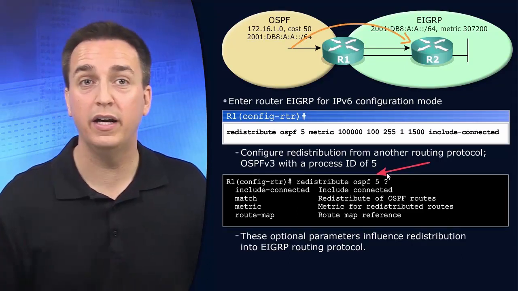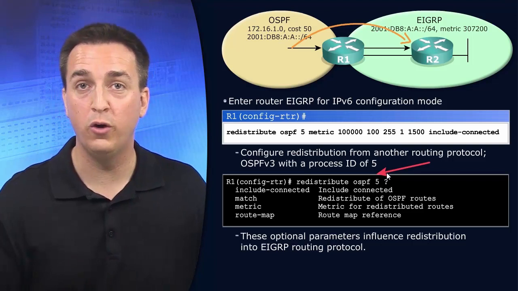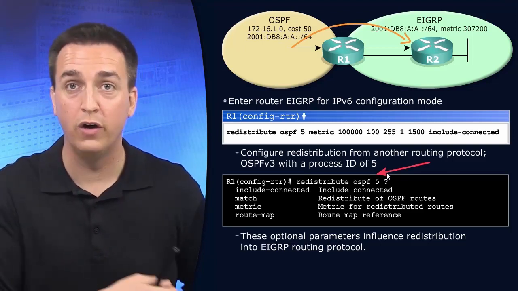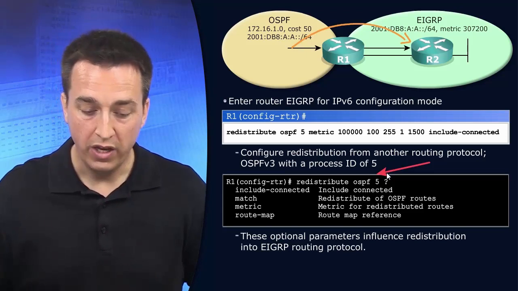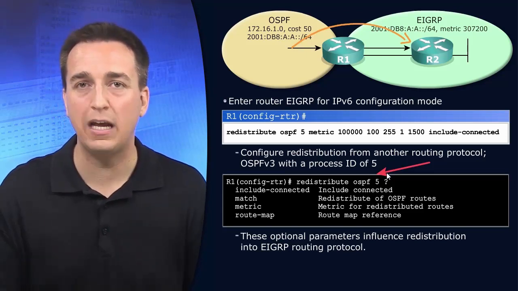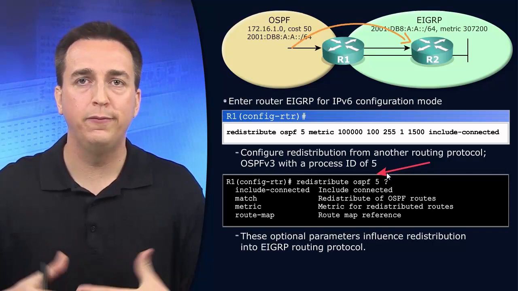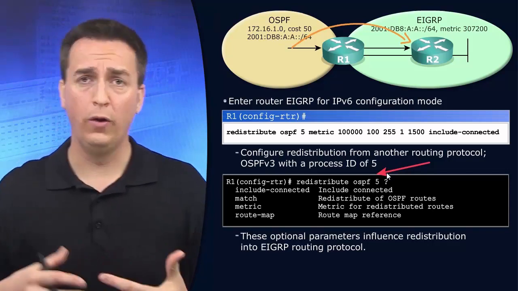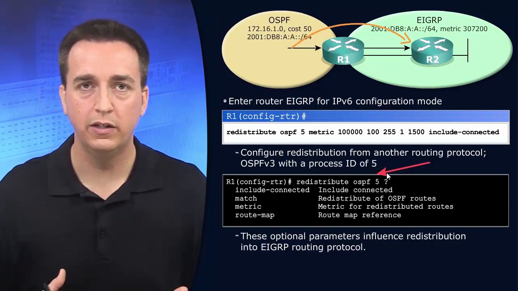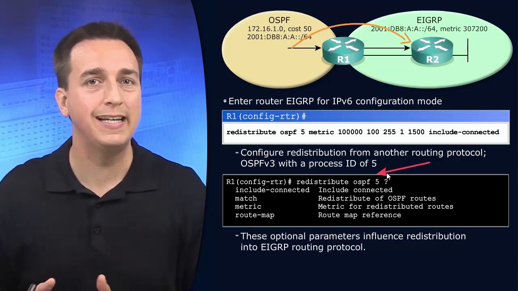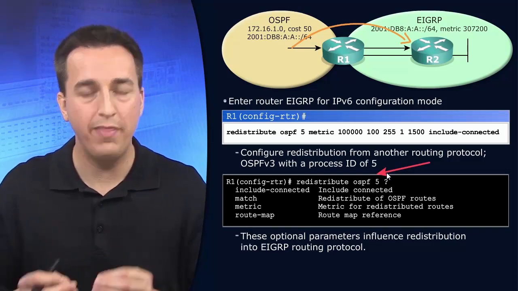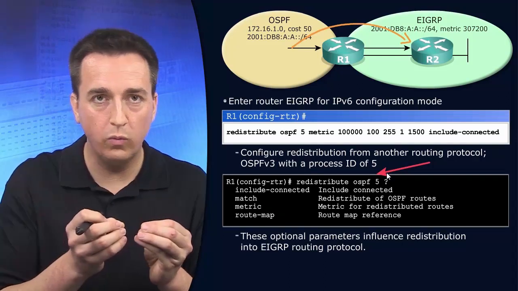We are specifying the protocol we want to import routes from, OSPF in this case, and the process ID. So you're not specifying OSPF v3 or OSPF for IPv6. You're simply specifying the OSPF protocol and then the process ID. And then that will make the connection.